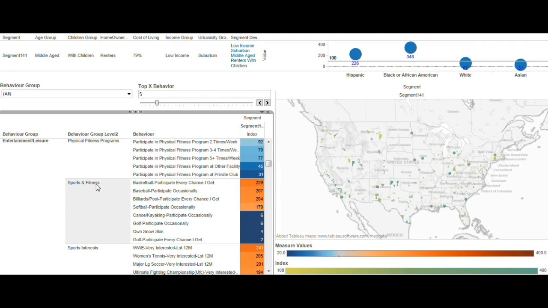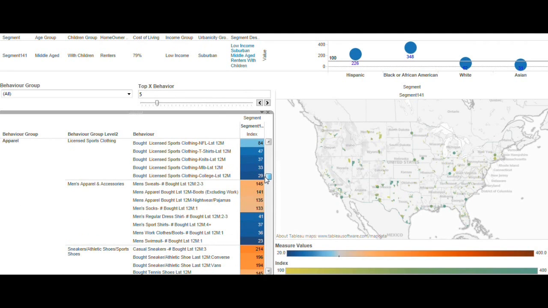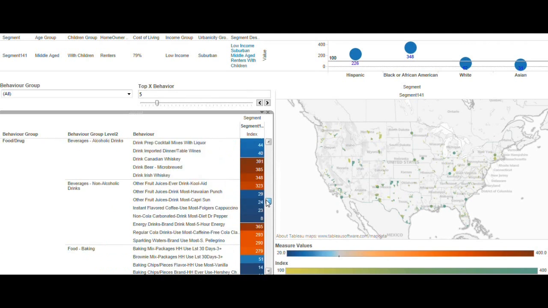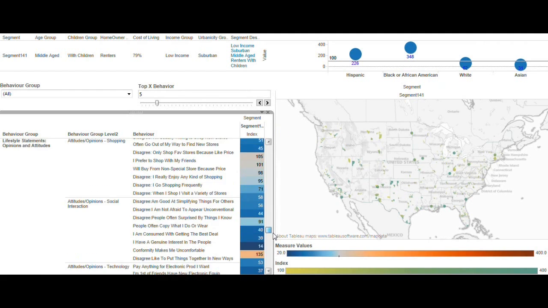In sports and fitness, they play a lot of basketball, they don't play a lot of golf or own snow skis. For example, they index high on using men's sweats, but they index low on using men's swimsuits. So we can see a lot of the different characteristics for each of these specific segments.